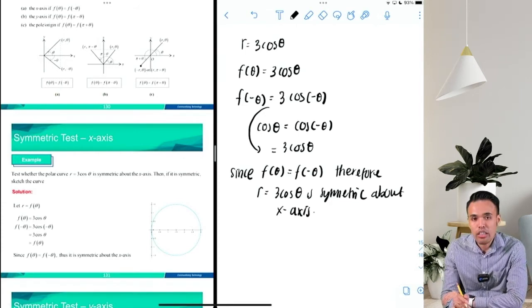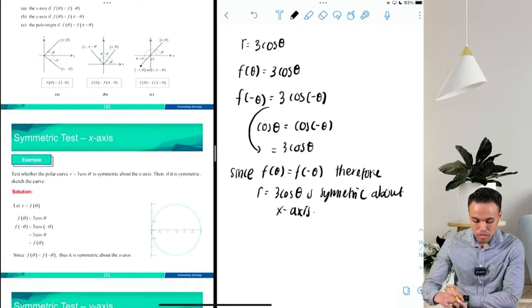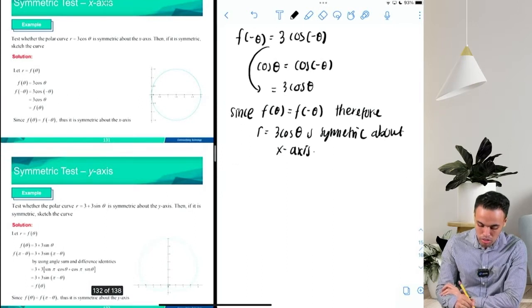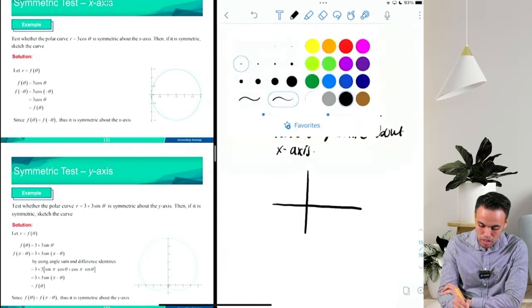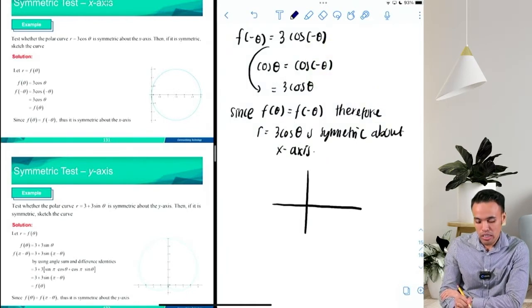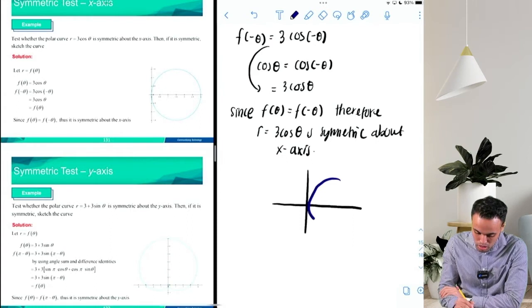So this is the procedure for showing that the curve is symmetric about the x-axis. Then the question asks you to sketch the curve based on the given function, 3 cosine theta. Before this, we know that it will produce a circle centered at 1.5, 0, with a radius of 1.5 and a diameter of 3, and this will be your circle.